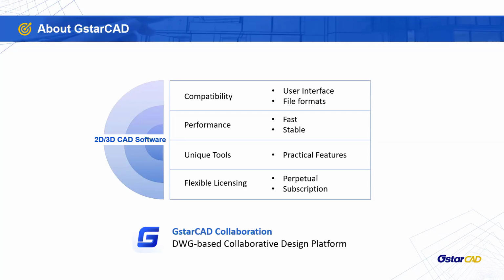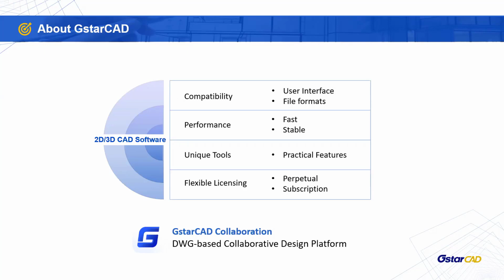And then when it comes to performance, GstarCAD is very fast when it comes to back-end computing of the commands that you're executing. For example, if you're going to draw something in a very huge file, or do some simple navigation from one point to another point in a big file, it goes very smoothly.